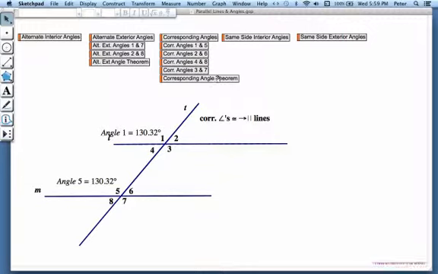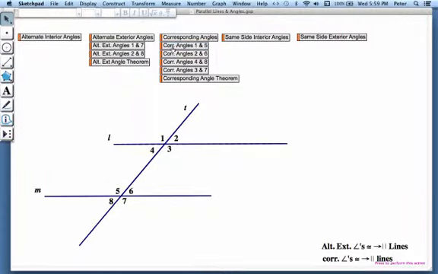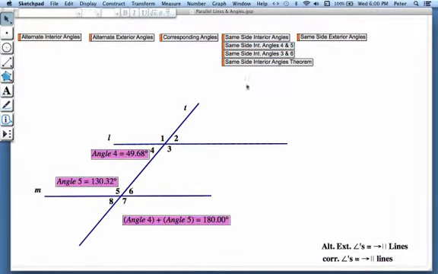Okay, well, how about these same side interior angles? Maybe we can keep some of these theorems over here on the side just as a summary. Okay, well, the same side interior angles, for example, we have angle 4 and angle 5.